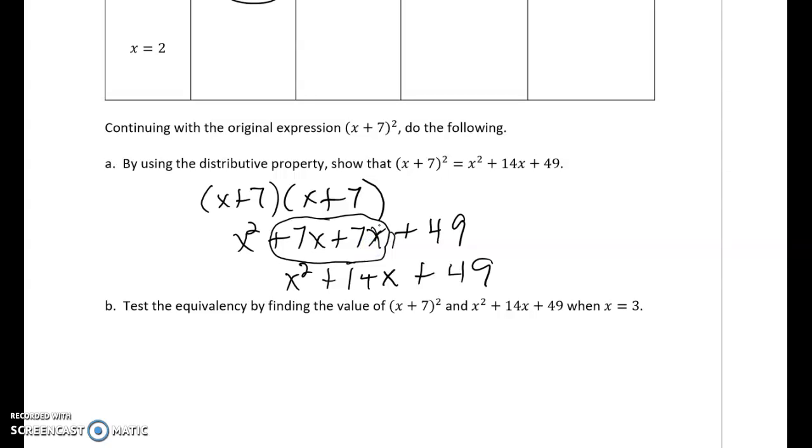These two terms are made up of the product of the terms that are in the original binomials. So we have basically double the product, and that made up our middle term. Let's move on to the next page and I'll give you that shortcut.